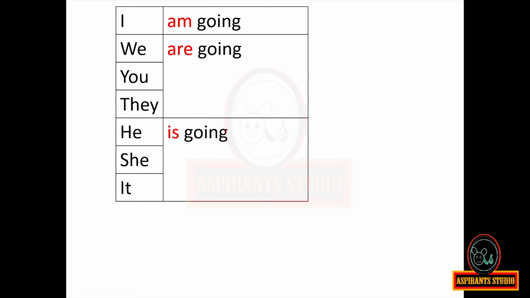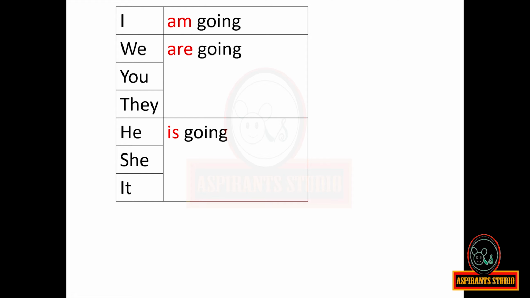For I, the auxiliary verb am is used with the present participle. For we, you and they, the auxiliary verb are is used with the present participle.